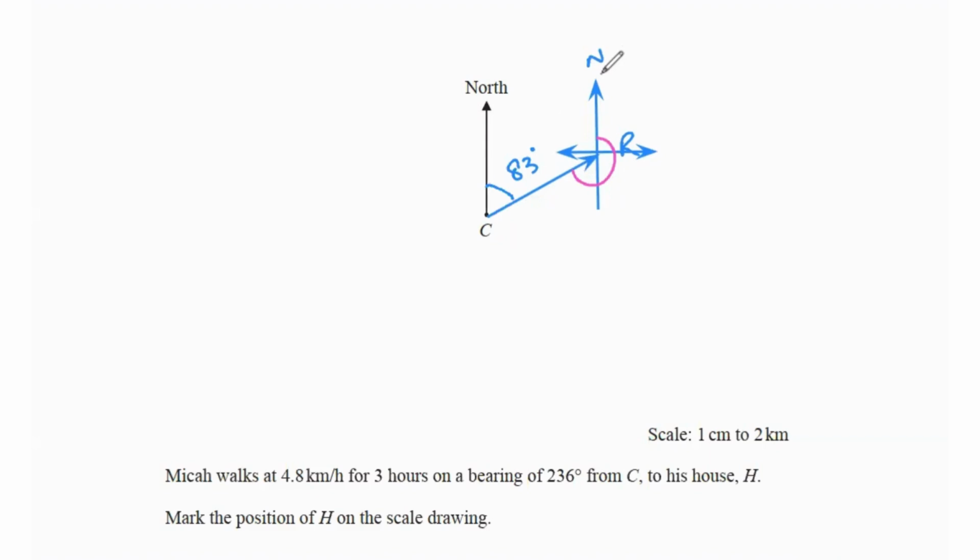In parallel lines, when we have a transversal crossing through them, alternate angles are equal, which means this is equal to 83. So for the bearing of C from R, we'll just do 83 plus 180, and that is going to give us 263. That's your answer.